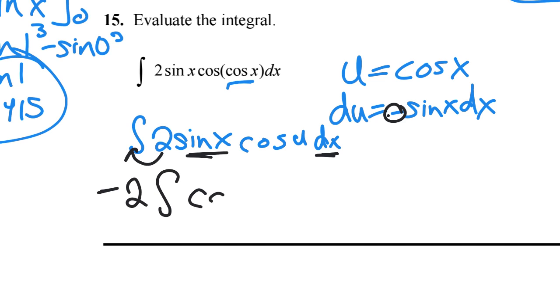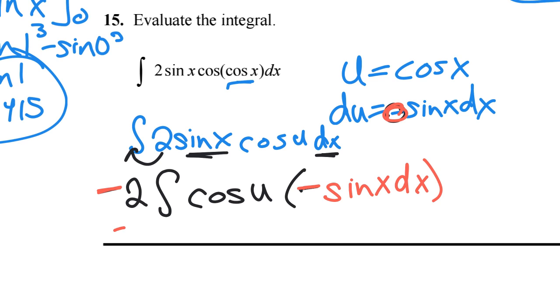And then this is the cosine of u, and I'm going to group the negative, because remember that negative and negative is a positive, and I need this negative. Sine of x dx, now that's du, so -2 integral of cosine of u du.